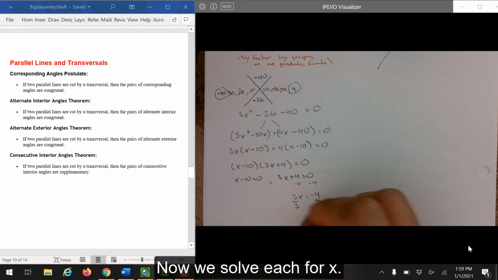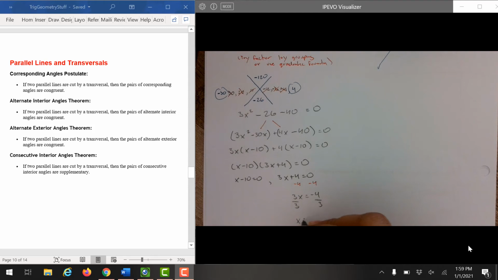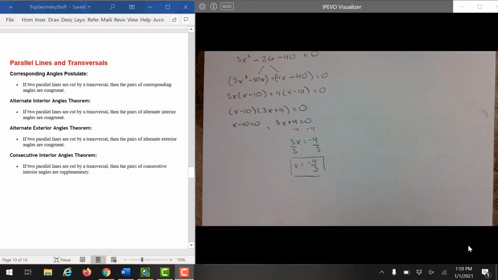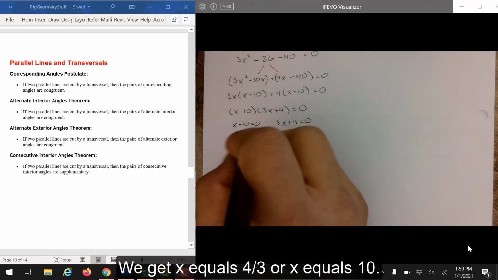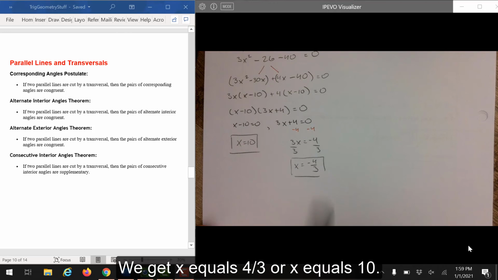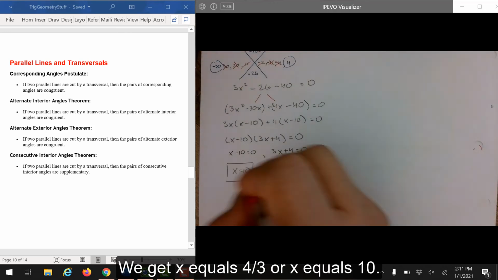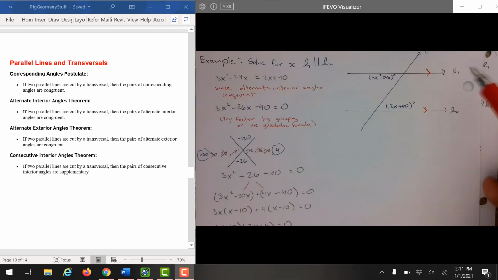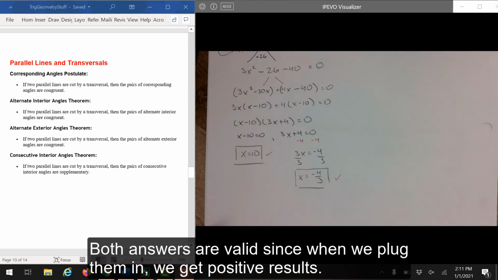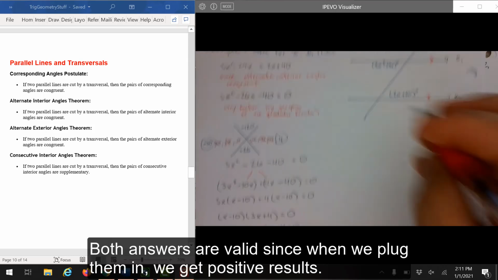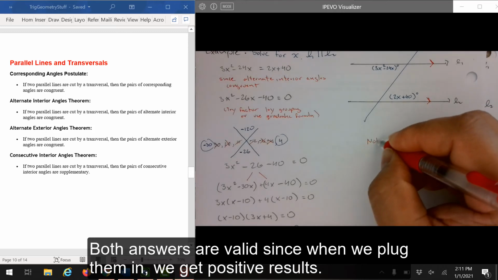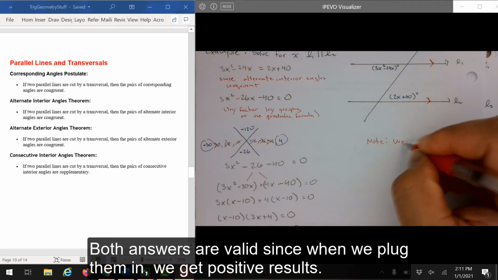Now we solve each for x. We get x equals negative 4/3, or x equals 10. Both answers are valid since when we plug them in, we get positive results.